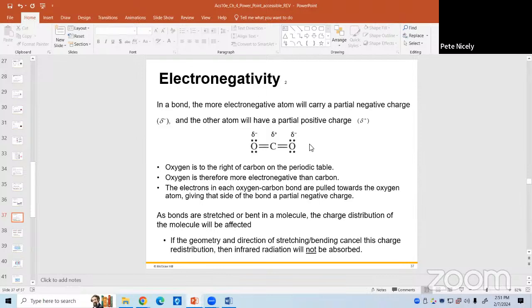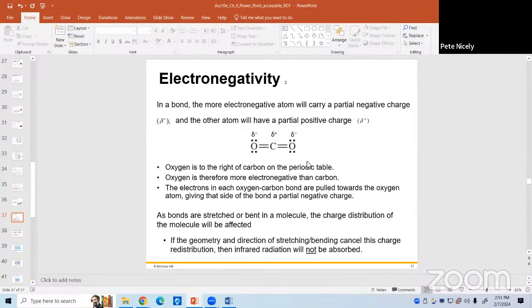So therefore, the oxygen will have what we call a partial negative charge. Not a full negative charge, but a partial negative charge. For the same reason, this oxygen will have a partial negative charge as well. And in the case of the carbon, it will have a partial positive charge, right?